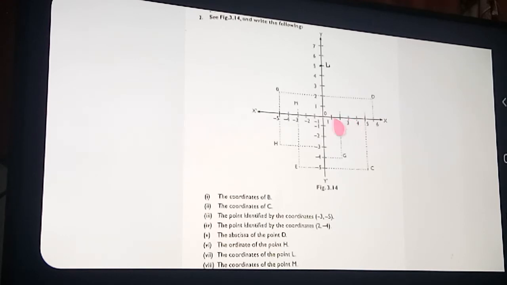Clear? So any point on the x-axis has y coordinate always 0. Similarly, any point on the y-axis has its x coordinate 0, because it is not moving away from the y-axis. Only when moving away from the y-axis will the x coordinate come.